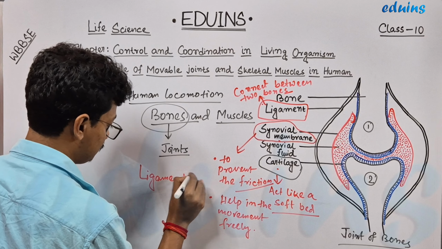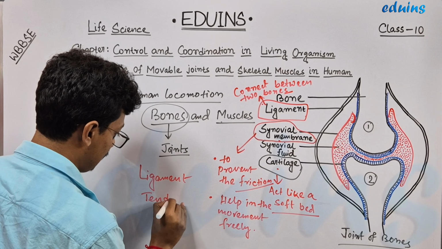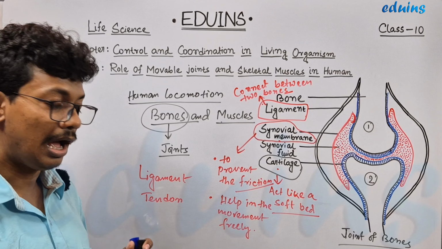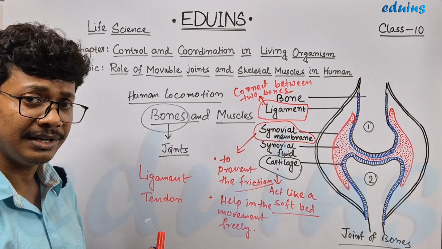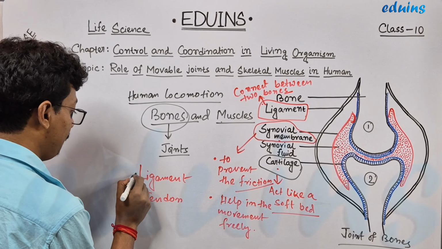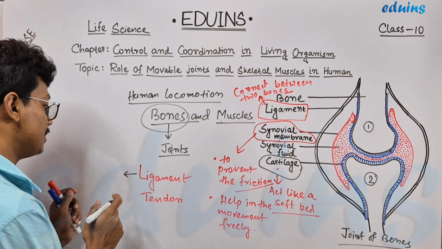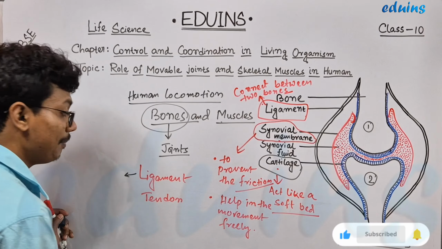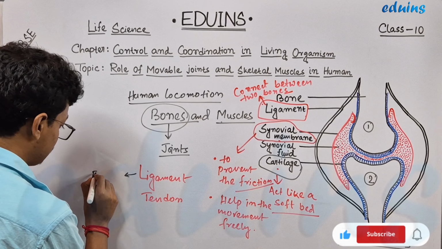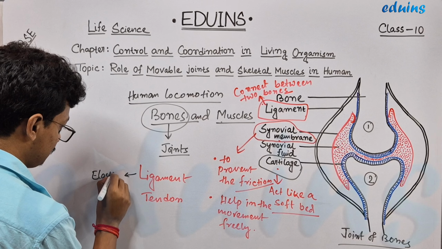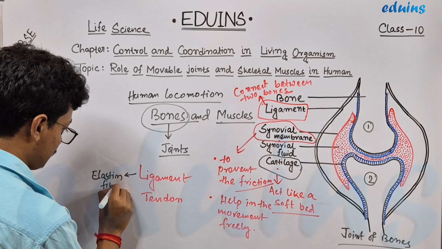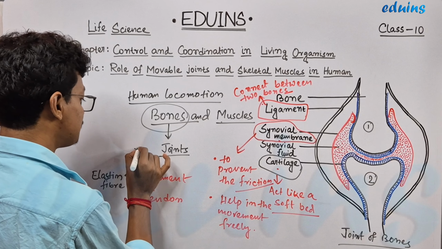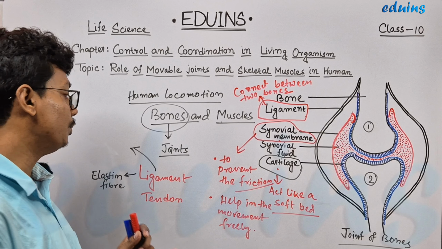Ligament and tendon are both different. How? The first difference is that ligaments are made up of elastin fiber. And secondly, the ligament's function is to build a connection between two bones.